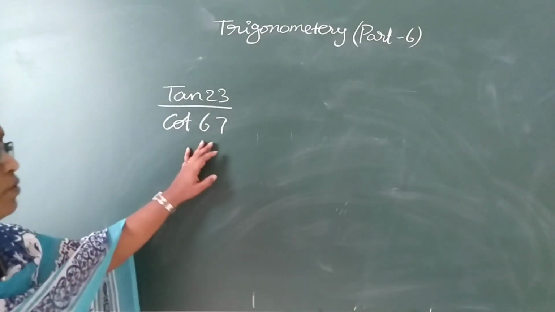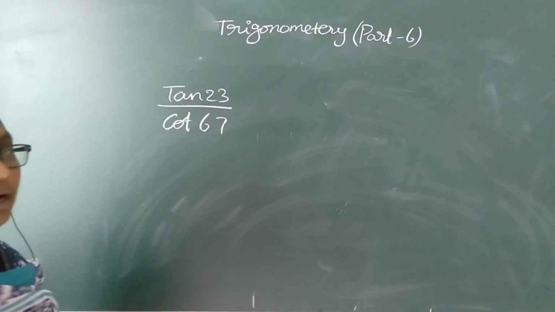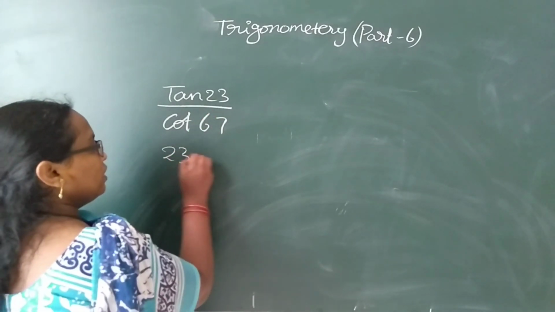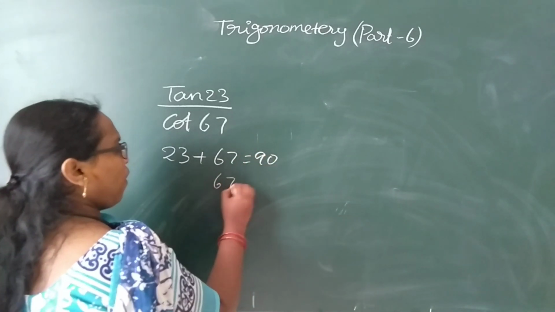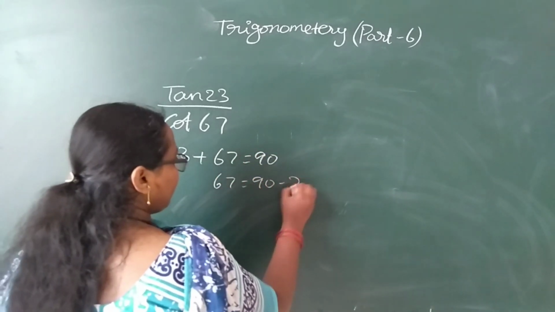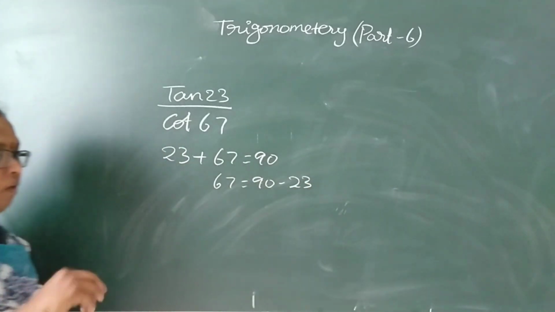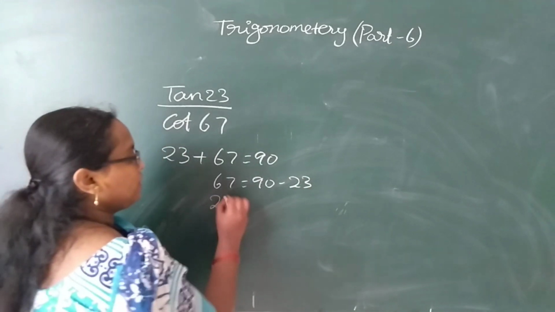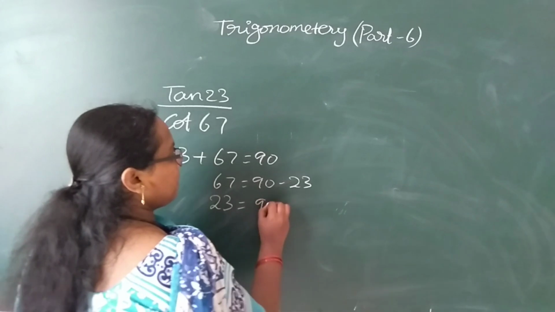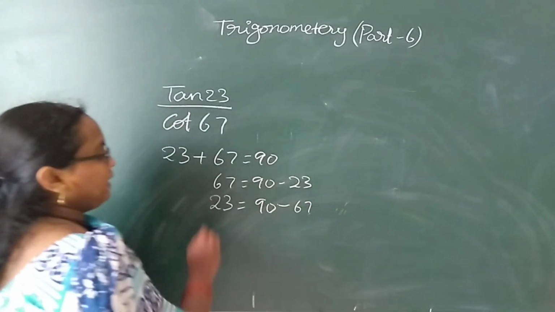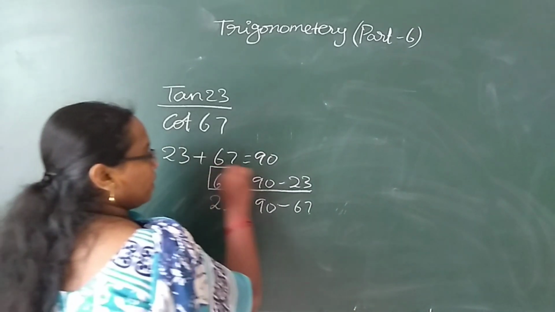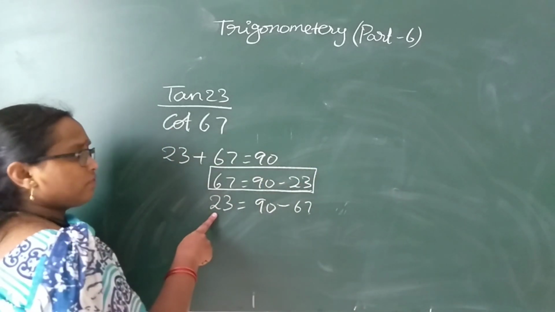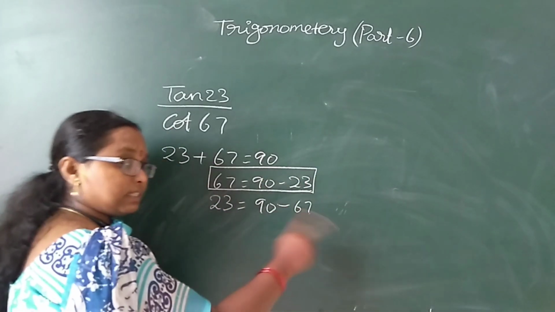If you clearly observe, this angle sum will equal 90 degrees. 23 plus 67 is equal to 90, then 67 or 23, you can write anything. But I'll show you 23 can be written as 90 minus 67. So in the place of 67, you can substitute 90 minus 23, or else in the place of 23, you can substitute 90 minus 67.